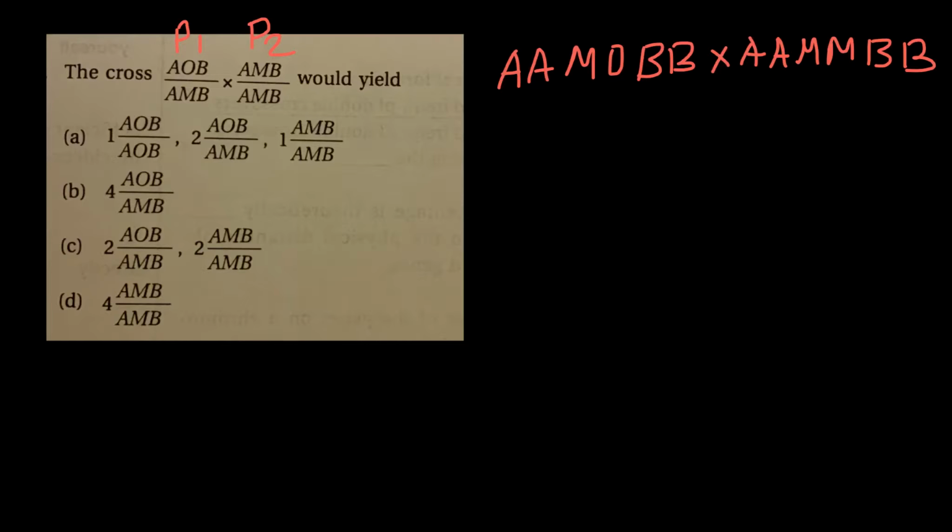Next, what would probably confuse you is how many genes we have here. Here's one gene pair, here's another gene pair, here's a third gene pair, and the other parent also has a first, second and third gene pair.